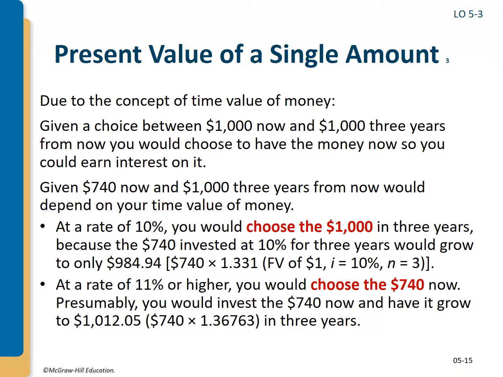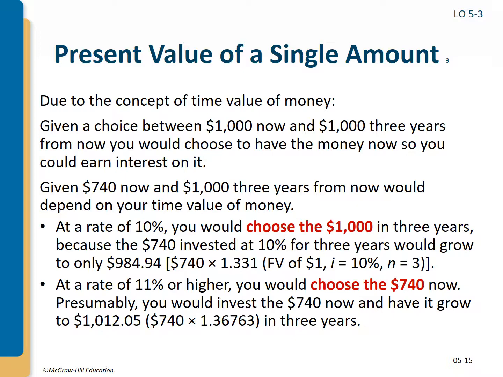So due to the time value of money, given a choice between 1,000 now and 1,000 in 3 years from now, you would choose to have the money now so that you can invest it and earn interest on it. Given $740 now and 1,000 in 3 years from now would depend on your time value of money.